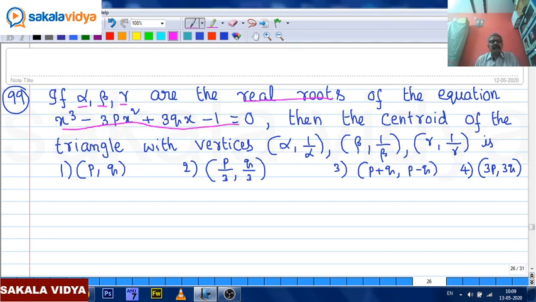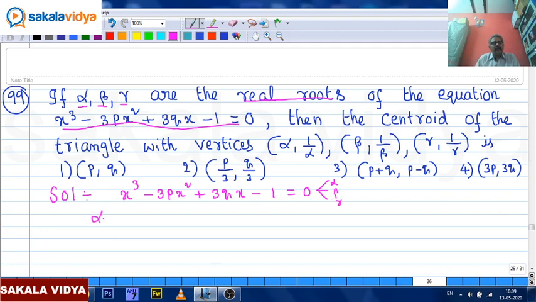Then we need to find the centroid of the triangle with vertices alpha comma 1 by alpha, beta comma 1 by beta, gamma comma 1 by gamma. First of all, this x cube minus 3px square plus 3qx minus 1 is equal to 0 has 3 roots alpha, beta, gamma.